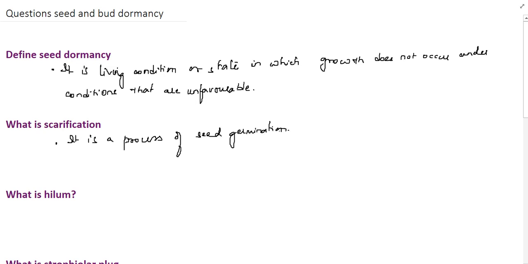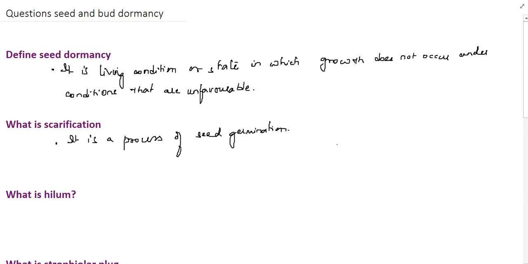The seeds are mechanically disrupted so that the seed coat can be removed. The seed coat is a hindrance for the seed to germinate. It is very hard, and the plumule cannot come out from there.